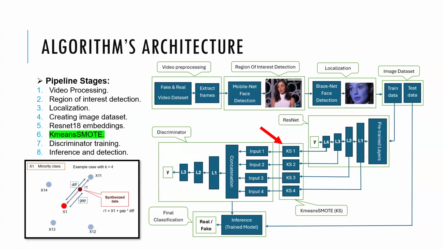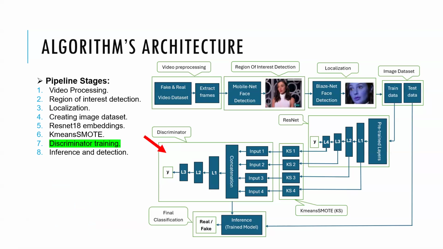For that, we apply SMOTE to augment the embeddings that we extract from each layer of the ResNet, and move forward with aggregating all of the embeddings in the concatenation layer of our discriminator. The following is only three linear layers, which is very easy to train and optimize.